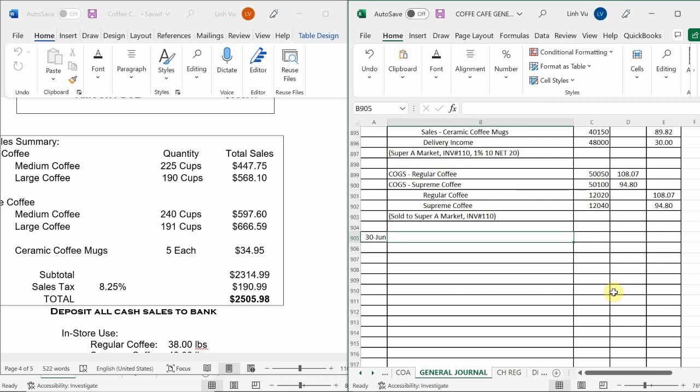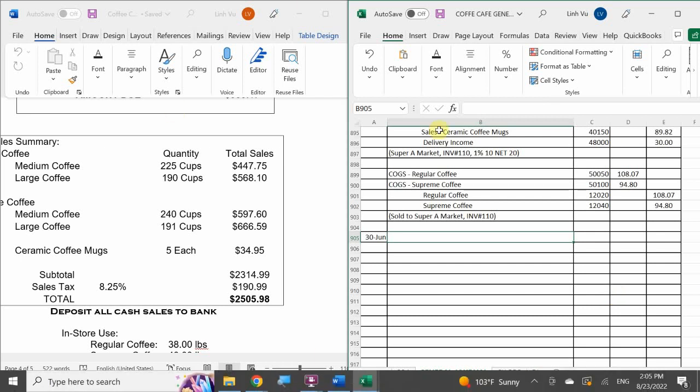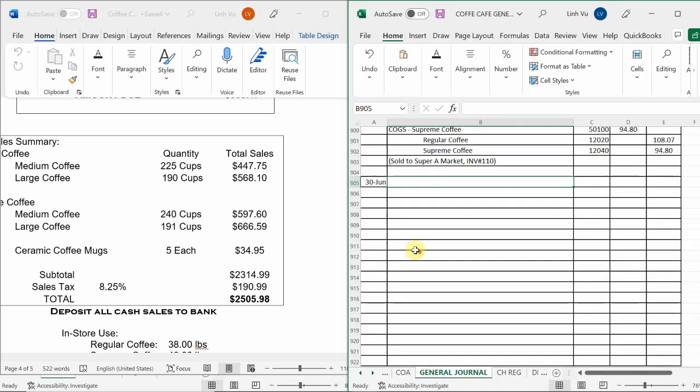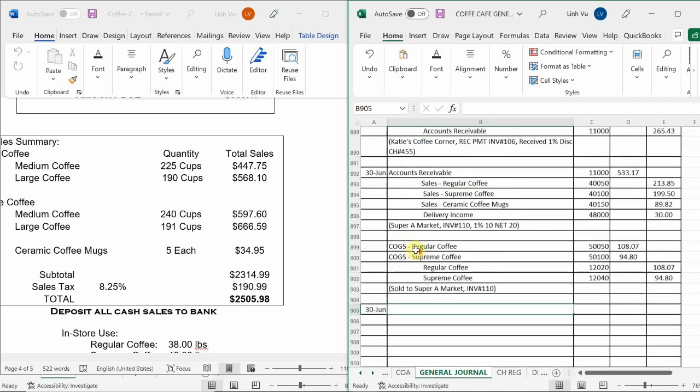We collected $190.99 of tax and a grand total of $2,505.98 in cash. So what is my journal gonna look like, right?